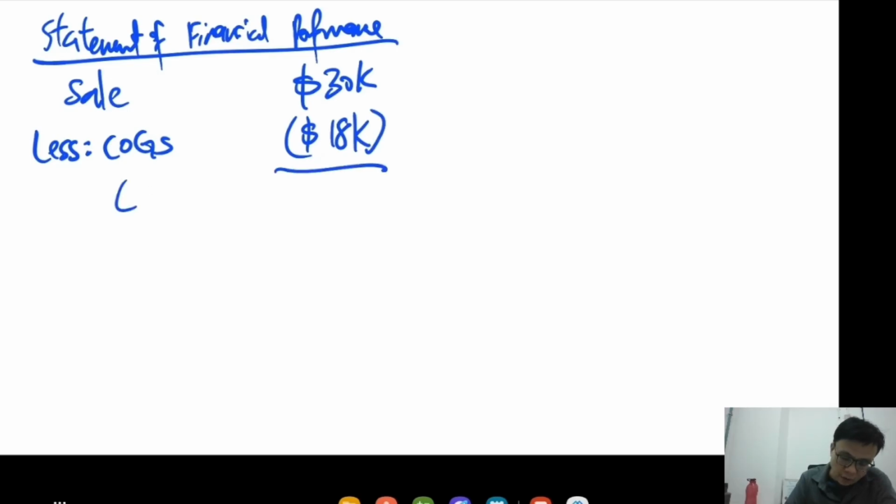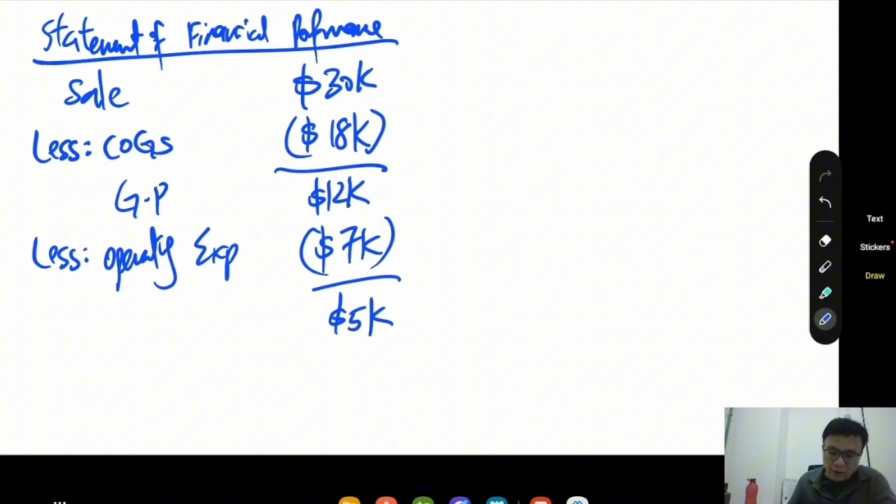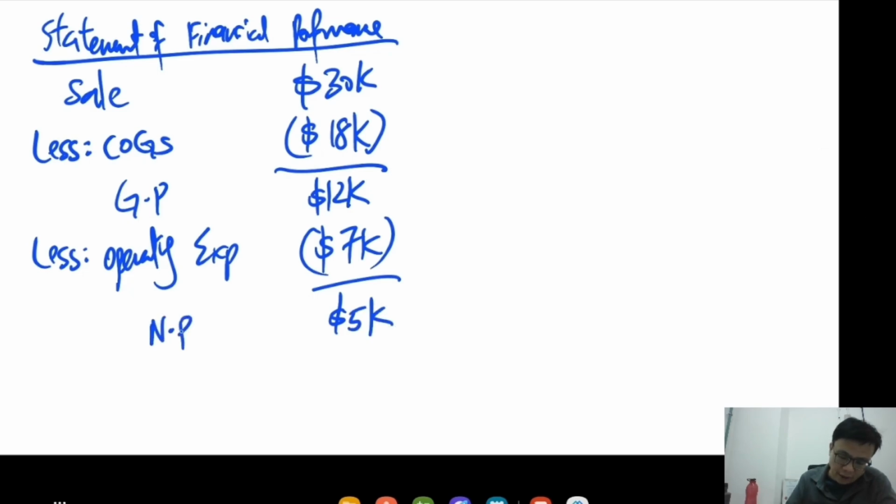This is where your GP, your gross profit, you would have 12K. Thereafter, you less off your operating expenses, perhaps 7K, you will have a balance of 5K, and this is net profit.